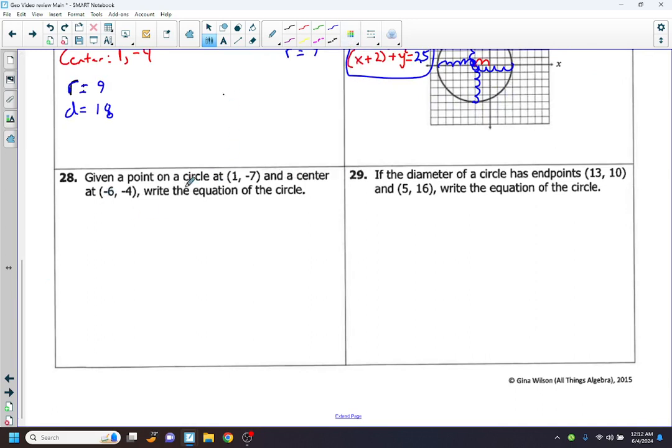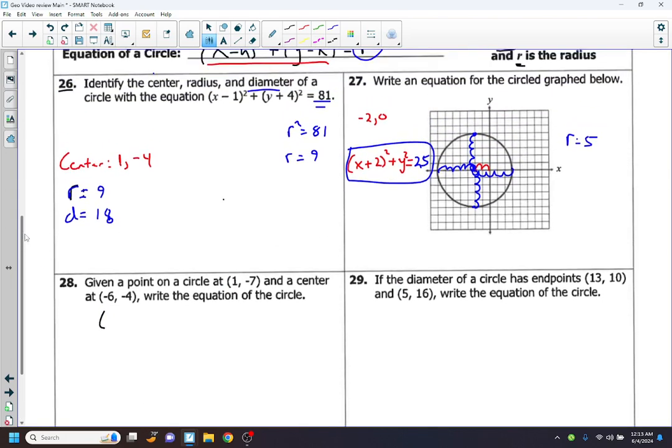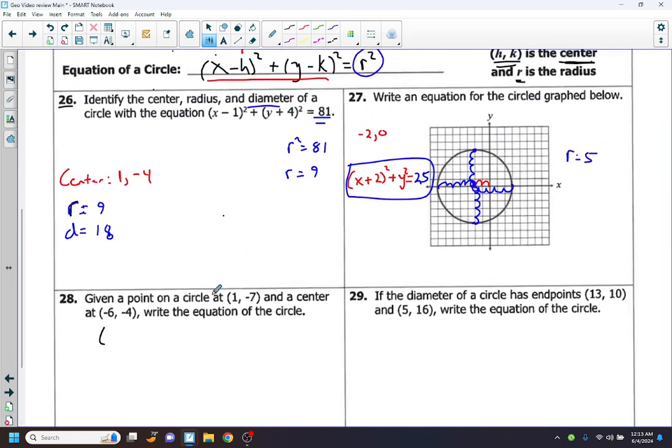Given a point of the circle is at (1, -7), and the center is at (-6, -4), write the equation of the circle. So I'm going to use the basic equation here. I have some point, that's x and y, and I have the center, which is h and k.